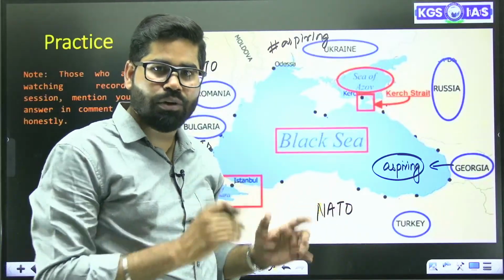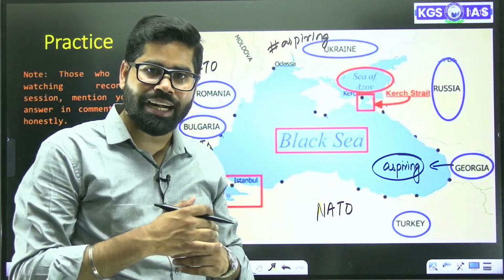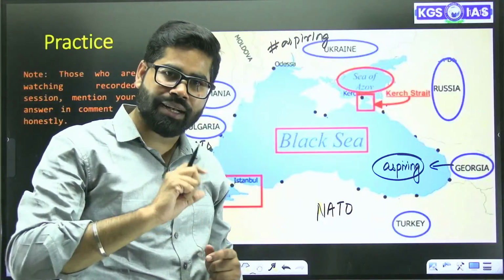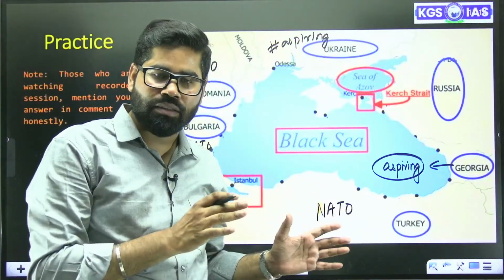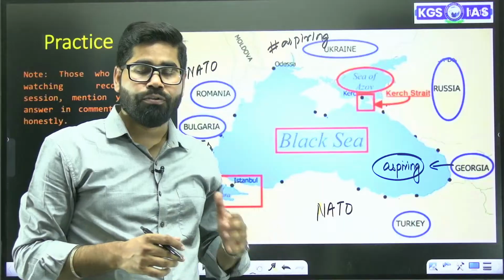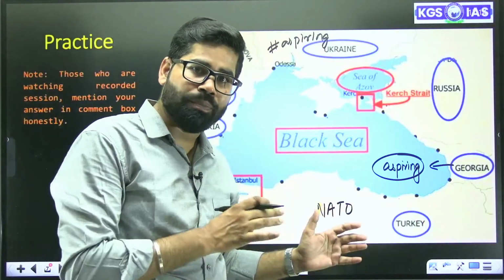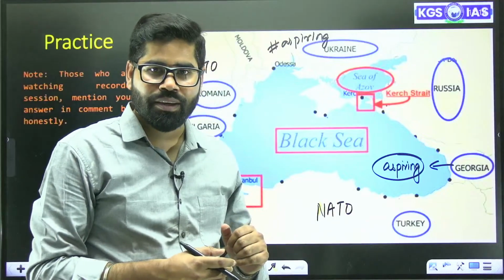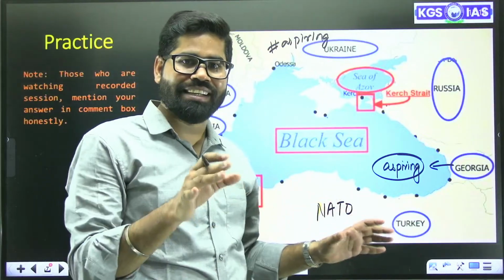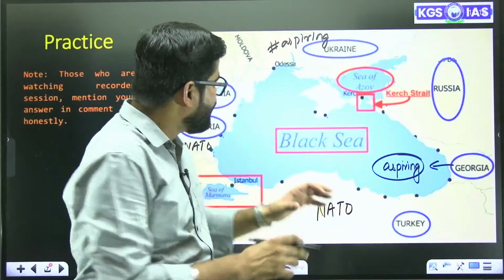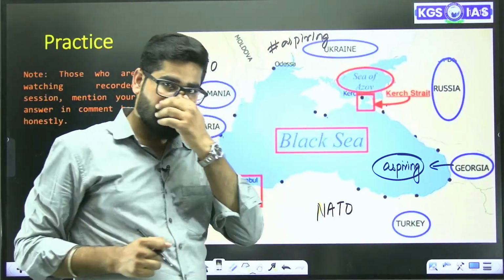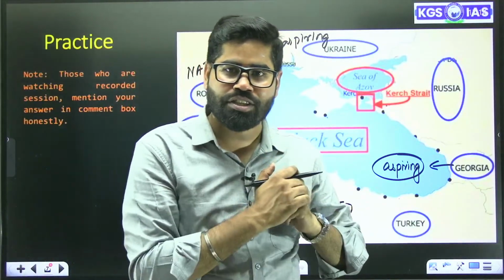This year also in the meeting, it was said that if Georgia follows all the rules and regulations of NATO, they may soon become a member. Even Russia is looking at this. This is the Black Sea region. Try to understand the geopolitics of this region.